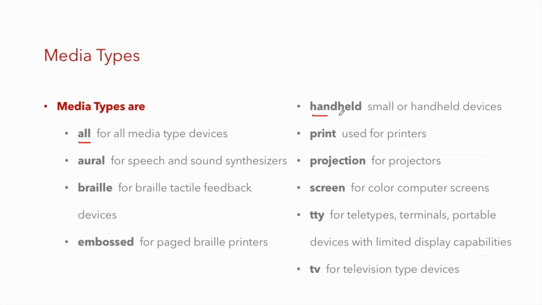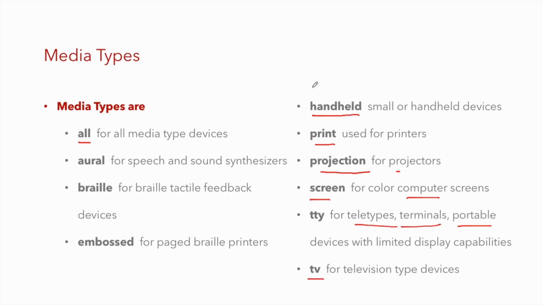When we specify handheld, it is basically used for small or handheld devices like mobiles or small tablets. Print is for printers, and projection is for projectors. Screen is for normal color computer screens. TTY is for teletypes, terminals, portables, and so on. And TV is for televisions.